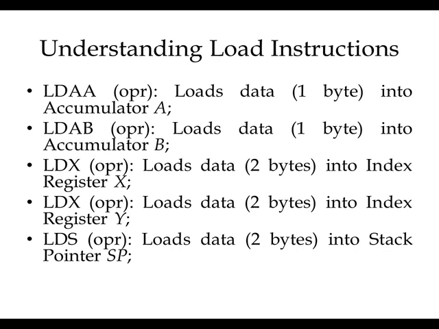It's 2 bytes, but A followed by B. So the higher byte is A, the lower byte is B. And there is also a load instruction for that. That is called LDD, load data into accumulator D. That's how we try to read those.